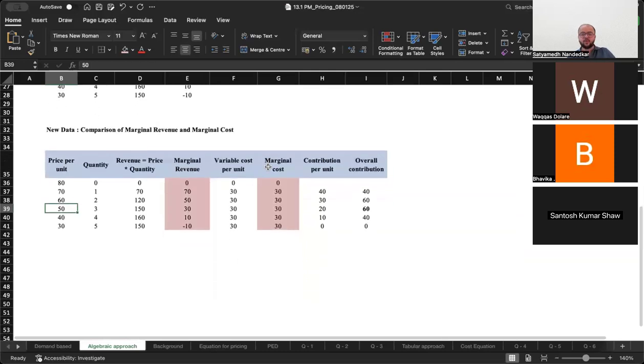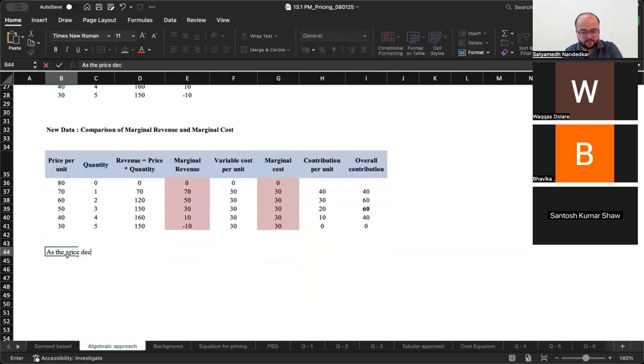Abhi we have proved one thing. What have we proved so far? As the price decreases and quantity demanded is increased, ठीक है?